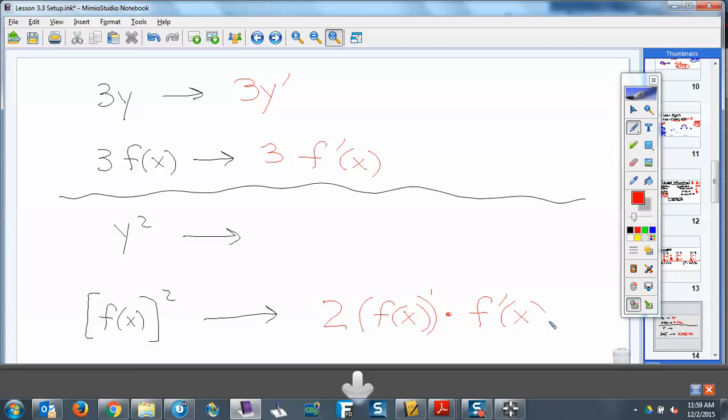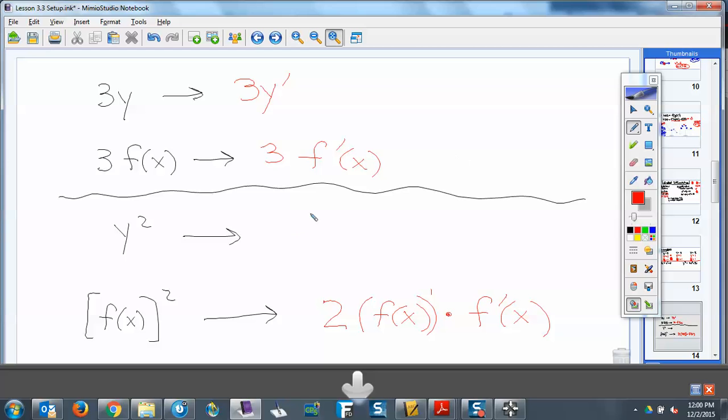Wouldn't you have to do that? Doesn't that look like what we were just doing in today's homework, the chain rule? You got some stuff on the inside. So doesn't that look like it should be 2, bring the 2 down in front, leave the inside alone, the f of x, and then times the derivative of the inside, which would be f prime.